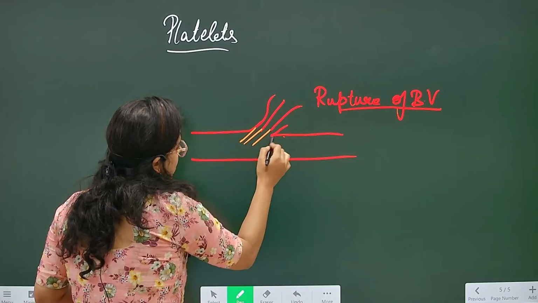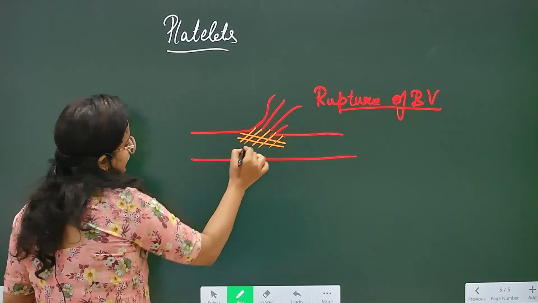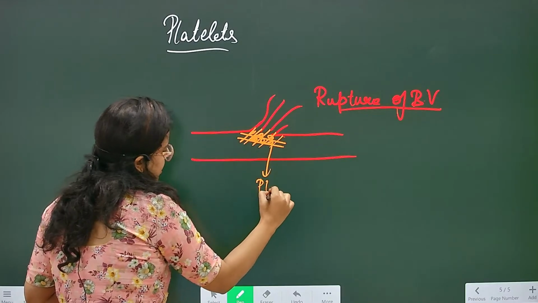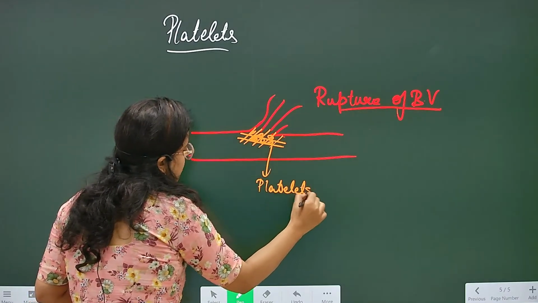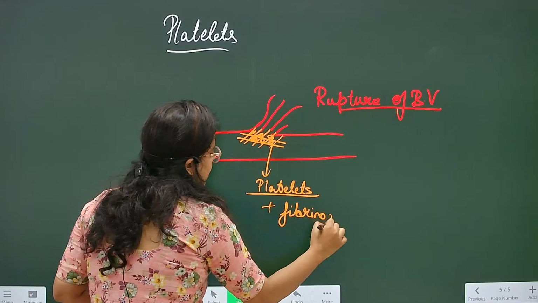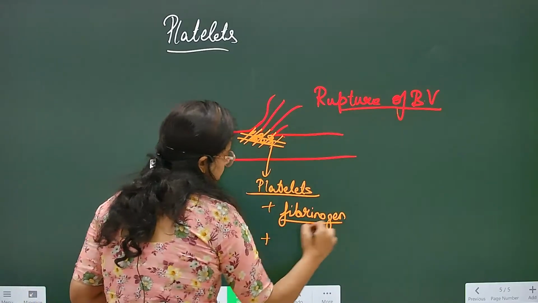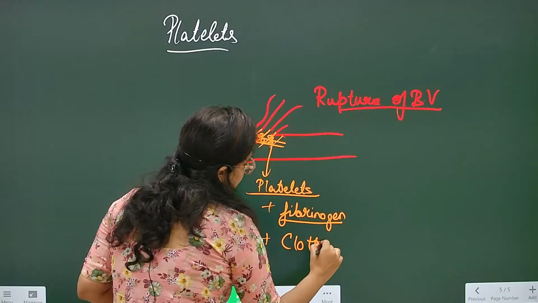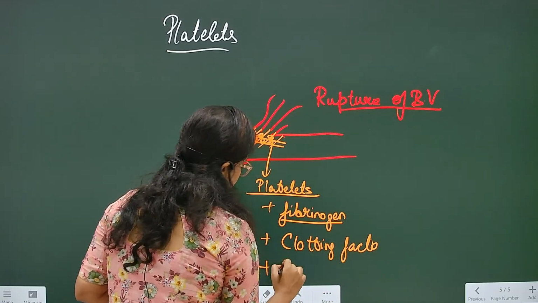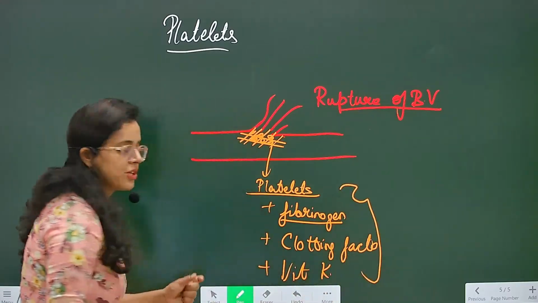Because a mesh-like structure is formed. This is formed by fibrinogen, and cells are trapped in between. These are platelets. So platelets plus fibrinogen plus clotting factors, which means the factors required for clot. And what else? Vitamin K. All these are required for the formation of the clot.